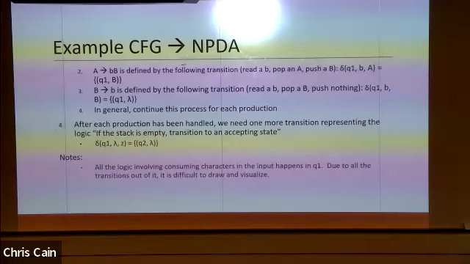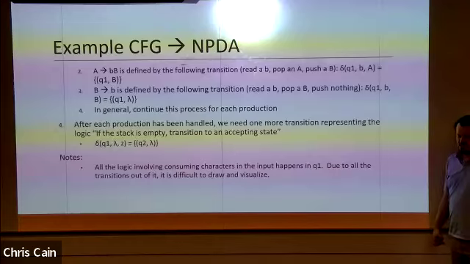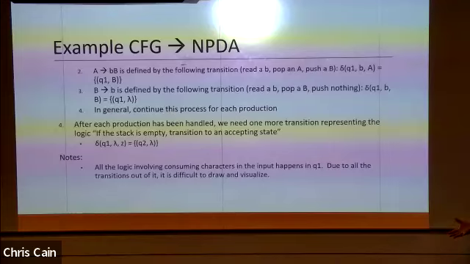So some quick notes. All logic involving consuming characters in the input happens in state Q1, which means that for any grammar, this is really only 3 states. Regardless of the complexity of the grammar, there are only going to be 3 states in the associated NPDA from converting that grammar. Even if there are a million productions, that just means there's going to be a million out edges from state Q1.